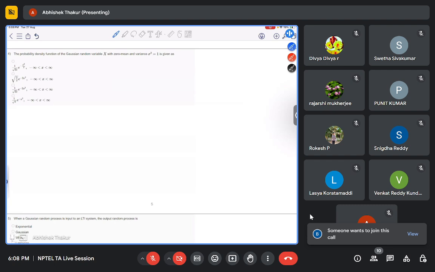Now coming to the probability density function for the Gaussian random variable x with 0 mean and variance sigma square equal to 1. So this Gaussian random variable is of 0 mean and variance 1. We know how the Gaussian random variable is represented, e to the power of x minus mu.